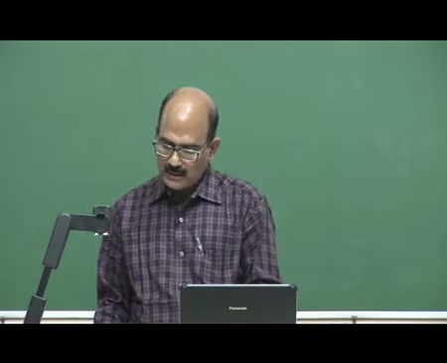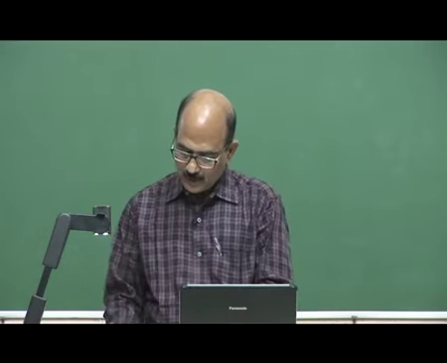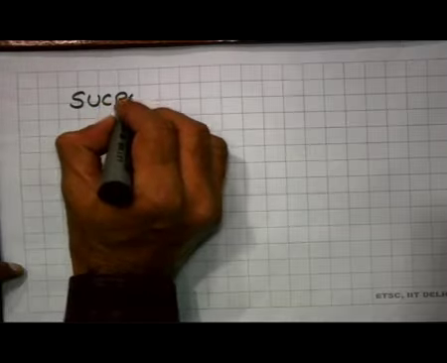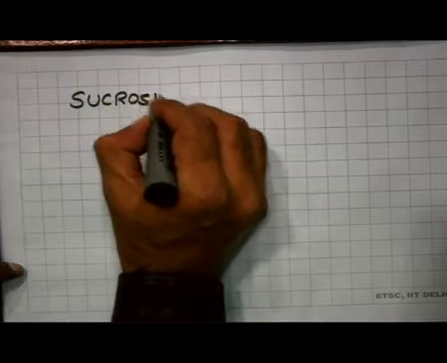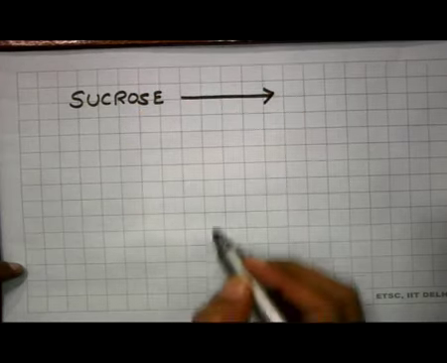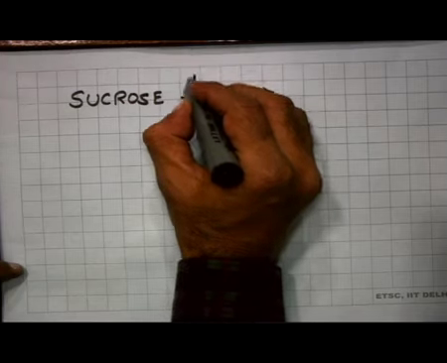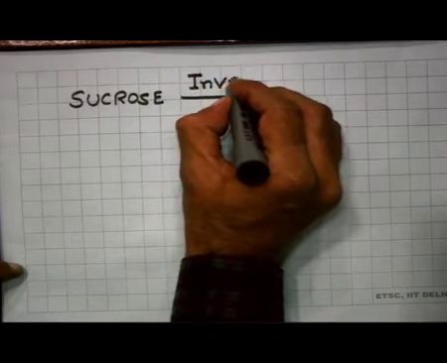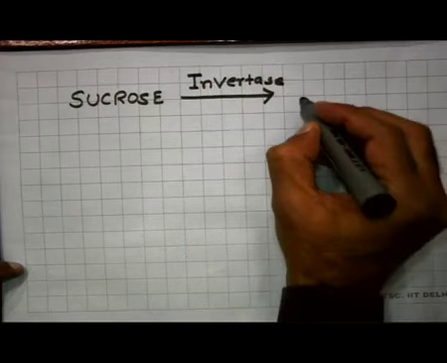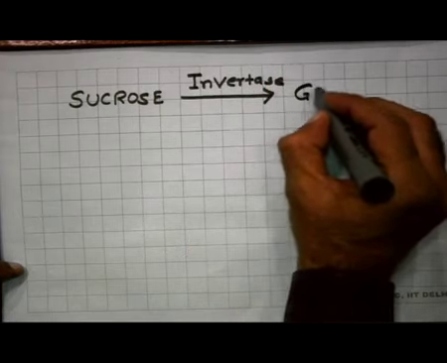In the sequential reactions of glycolysis, firstly the sucrose, which is the product of photosynthesis, with the help of the enzyme invertase is converted into glucose plus fructose.